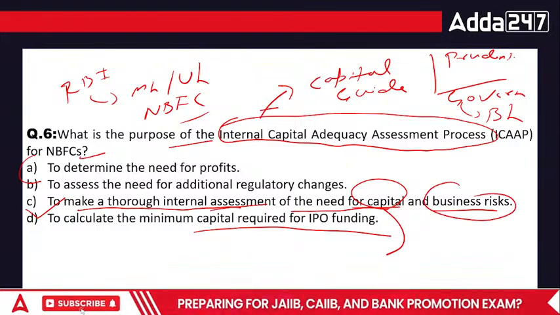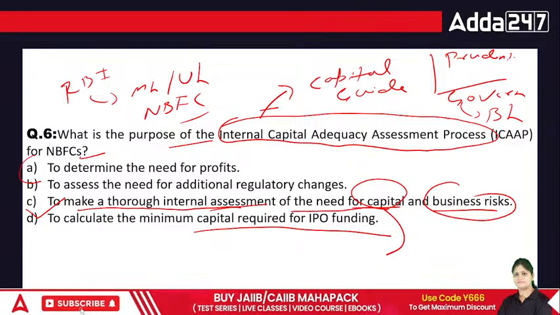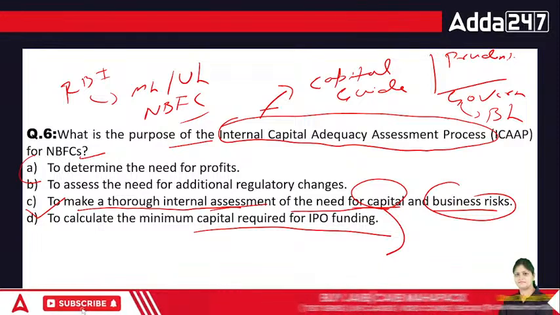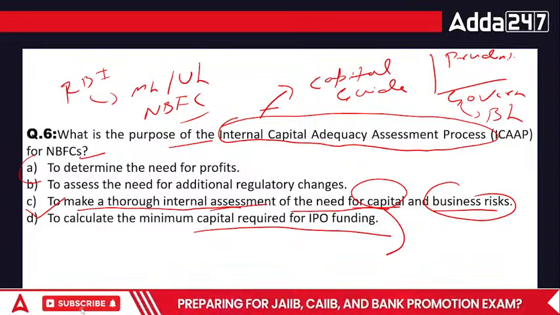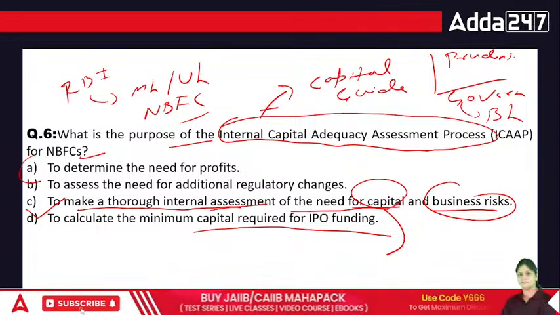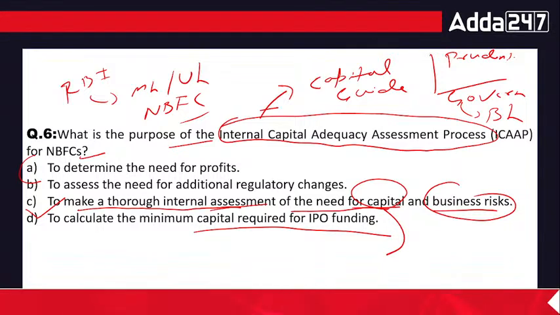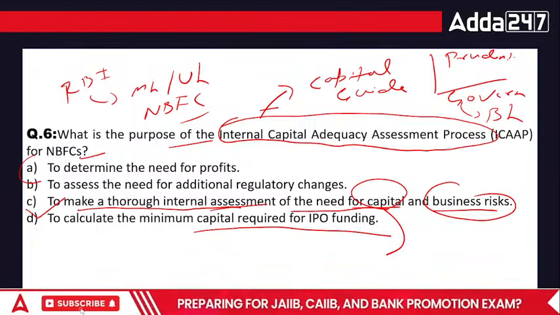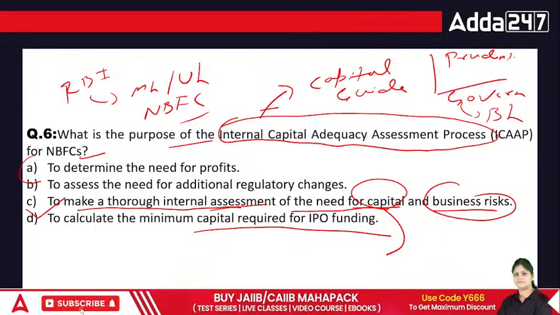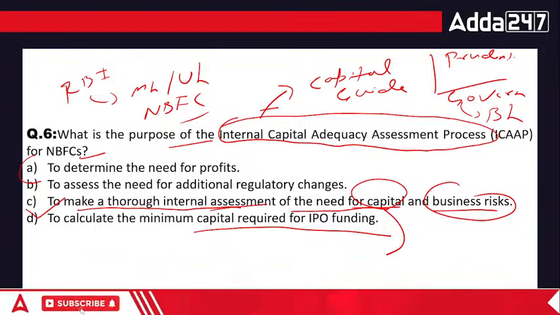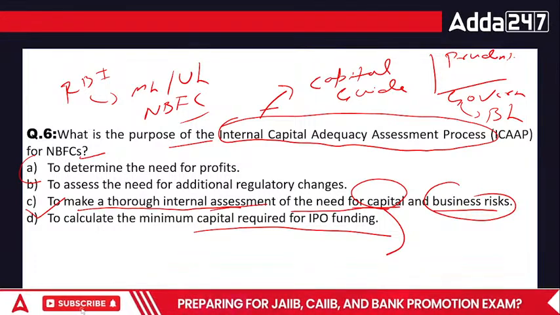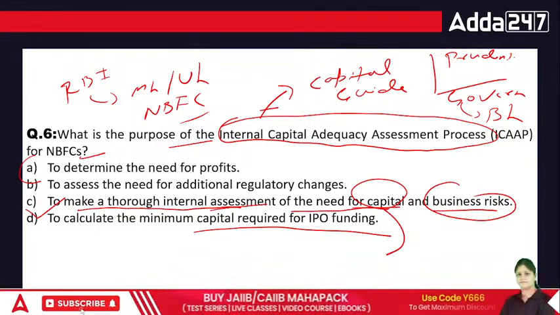So now every ML and UL knows how much capital is required for the business risk. So what type of capital is required, they know that. Okay, so let them decide. RBI said that NBFCs will decide what the internal capital adequacy assessment process will be.